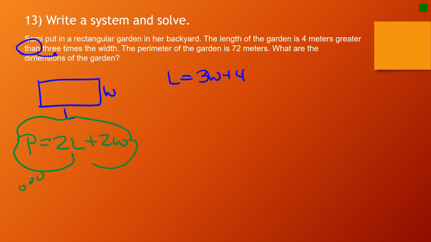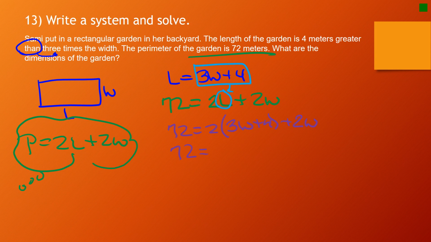So perimeter is 72 because it tells me the perimeter is 72, and that is 2 times the length plus 2 times the width. This is set up for substitution. I know what the length is. I'm going to take it and put it in place for the length in the next problem. So 72 is 2 times the length, 3W plus 4, plus 2 times the width.